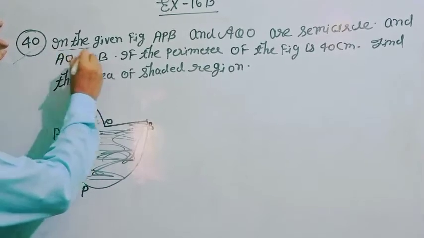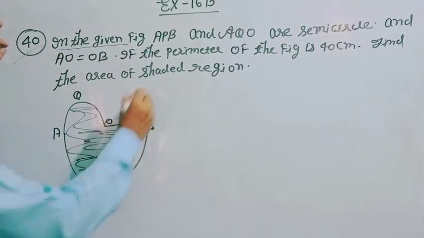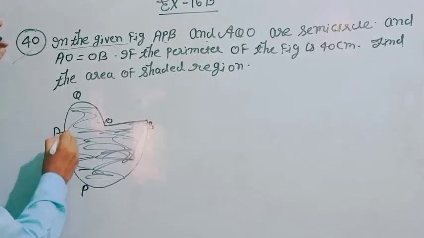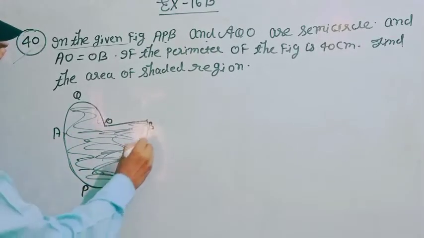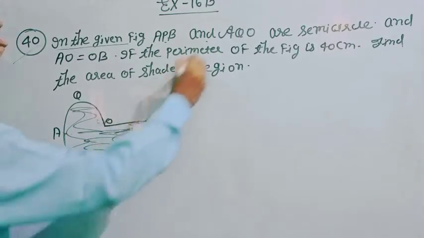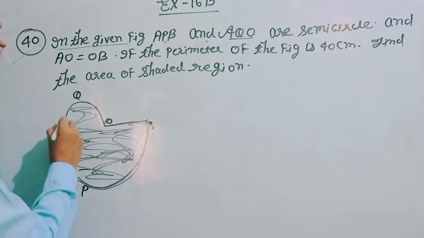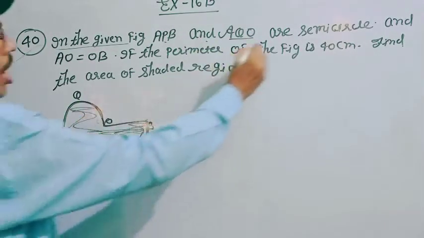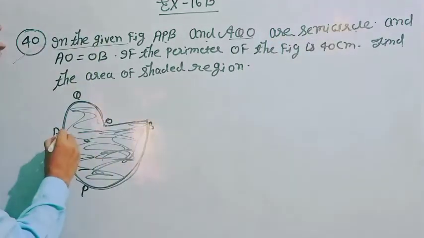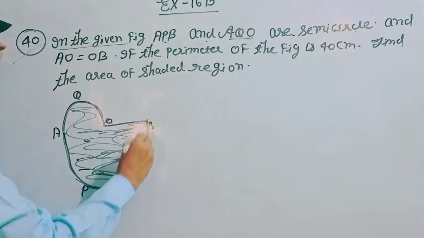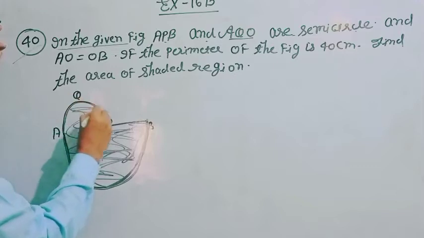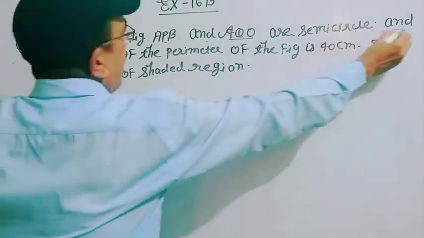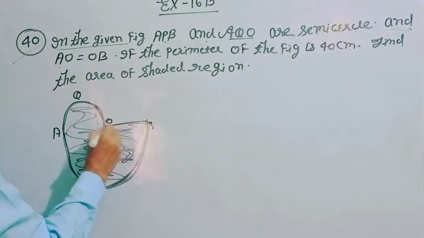Question: given that in the given figure, APB and AQO are semicircles. There are two semicircles. One is this big semicircle, another is AQO, and AO is equal to OB.